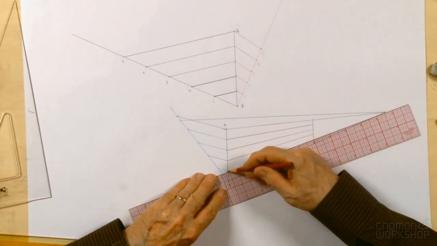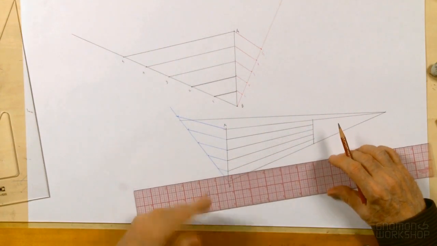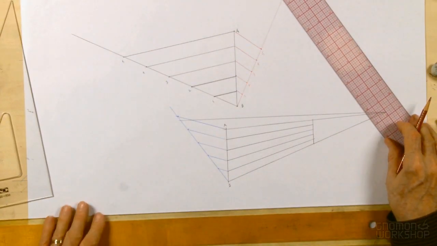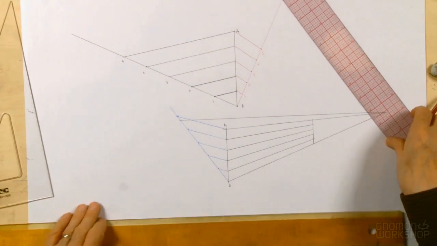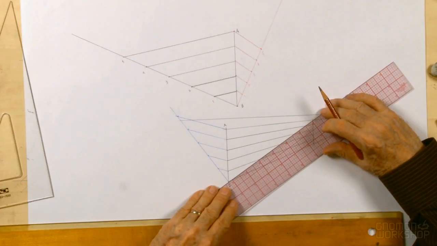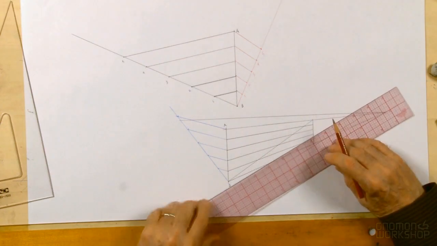But okay, so what I've done now is the first two steps. Step one, divide line AB into 5 units. Step two, draw lines from each one of those units to the vanishing point. Step three, draw a line from corner to corner on the wall in either direction. I've decided to go from B to its opposite corner up there.